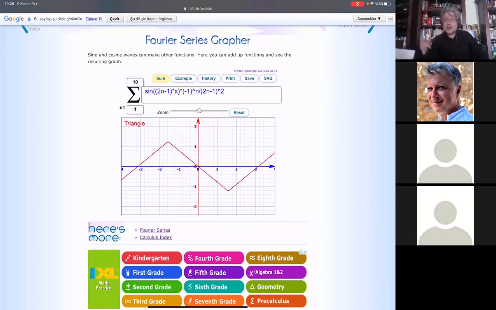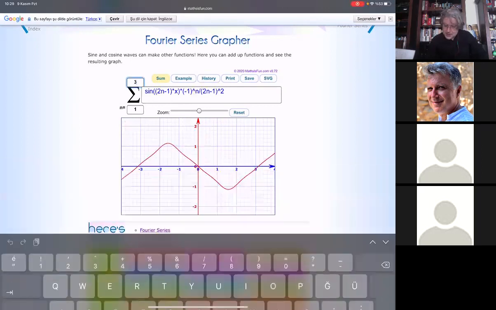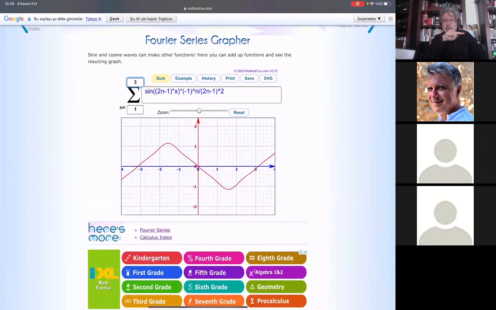This is a triangular waveform, and the triangular waveform, as you see, consists of Fourier series coefficients. If you have only 3 Fourier series coefficients, as you see, it will be smoother, not discontinuous, but with a non-differentiable position.